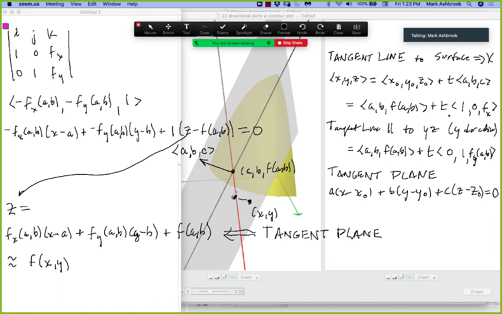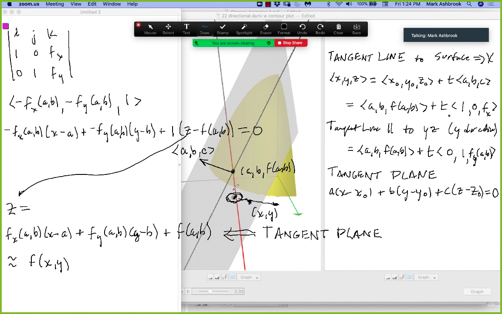It's because when you're in the neighborhood of (a, b), the tangent plane will give you a good approximation. It'll be really close to the z values of the actual surface. But if you move too far away, the plane deviates well away from the surface, so it's not a good approximation. But it's still the tangent plane.